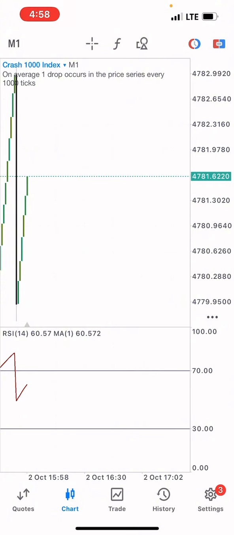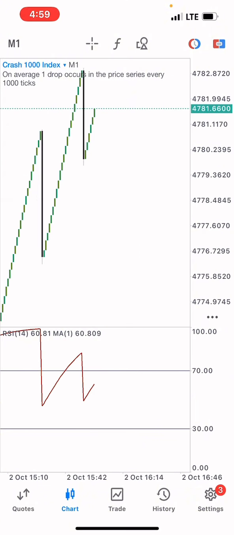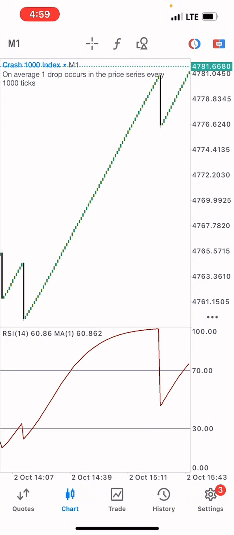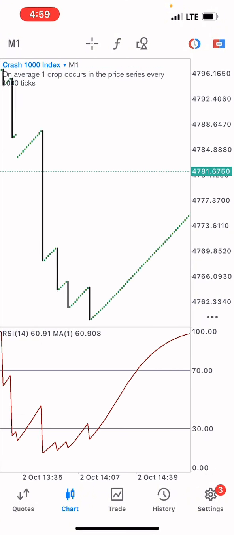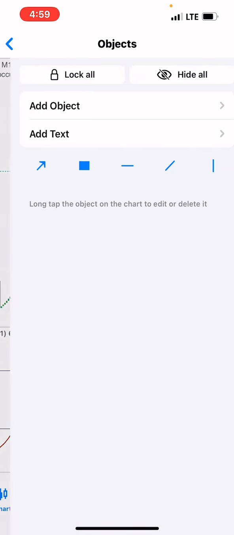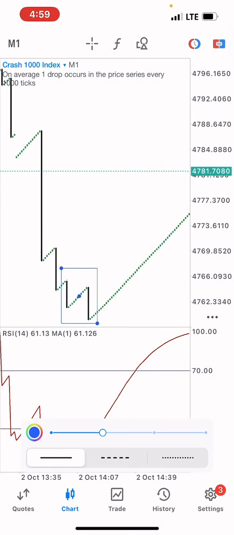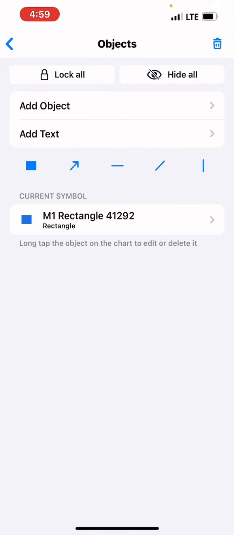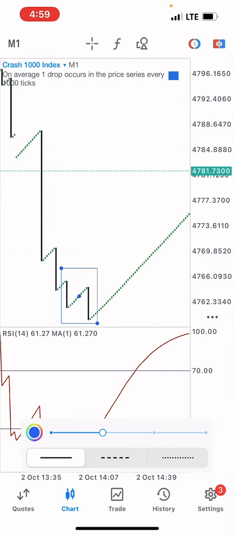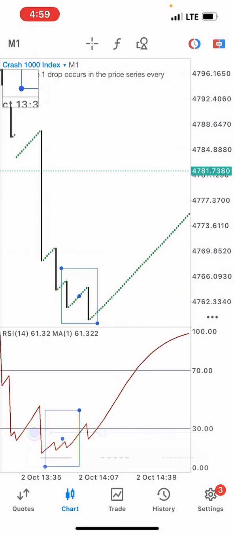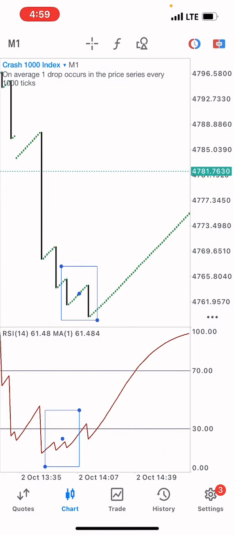So how do we apply this to these setups? How do we find it on our chart using this strategy? Let's quickly look at the Crash 1000 index market right now. So clearly you could see here that price was constantly pushing downwards at this level, whereas our indicator at that same level was showing that price was creating more highs.